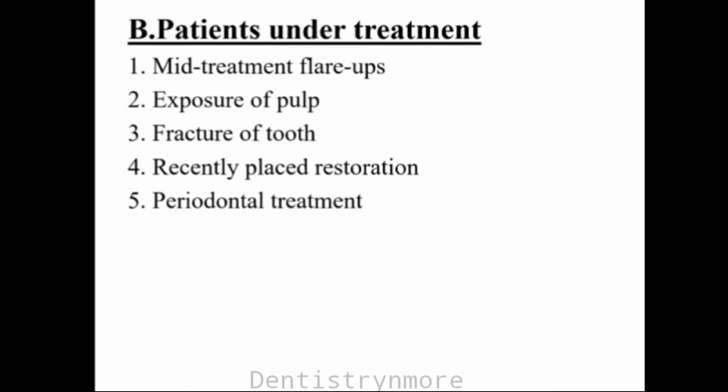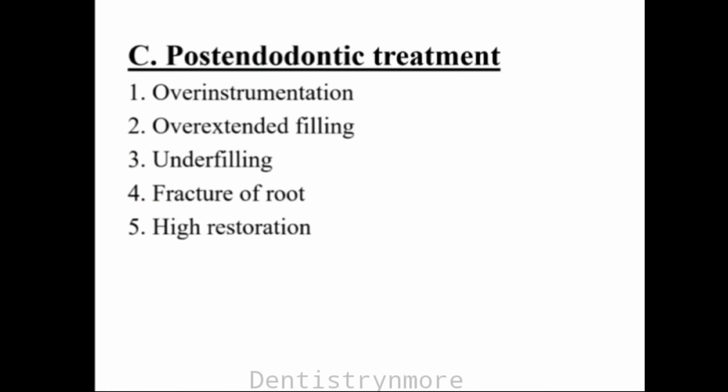Next, patients under treatment may include mid-treatment flare-up, exposure of the pulp, fracture of tooth, recently placed restoration, and periodontal treatment. The post-endodontic treatment includes over-instrumentation, over-extended filling, under-filling, fracture of root and high restoration.